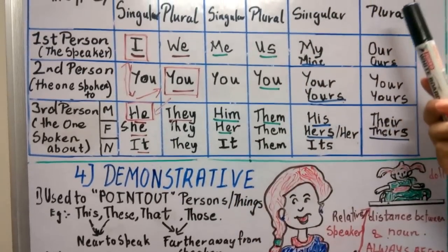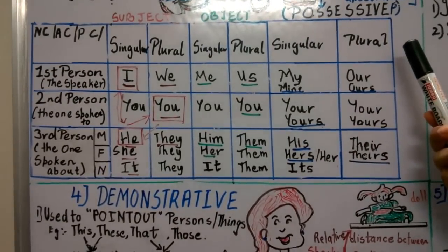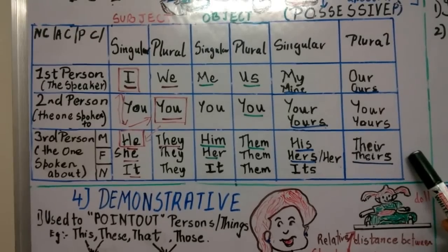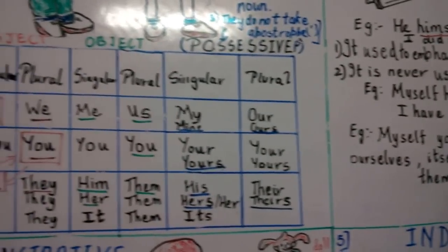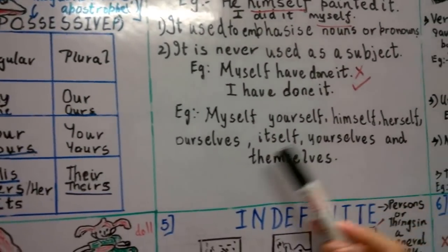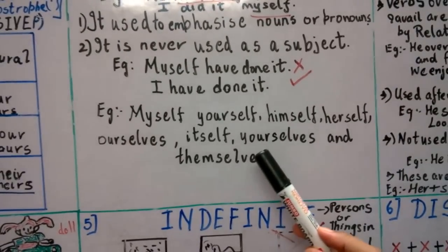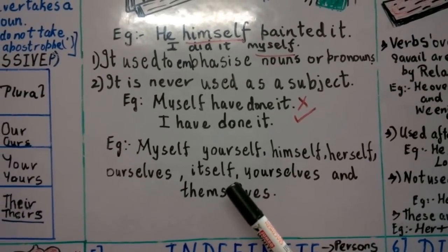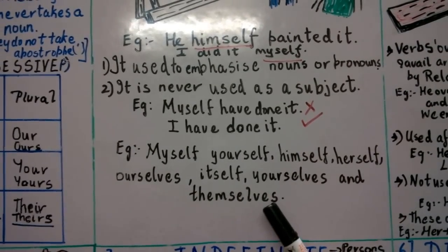As I have explained about the subject, object and the possessive pronouns, all this consists of personal pronouns. We also have pronouns like myself, yourself, himself, herself, ourselves, itself, yourselves and themselves, but they do not stand for people.